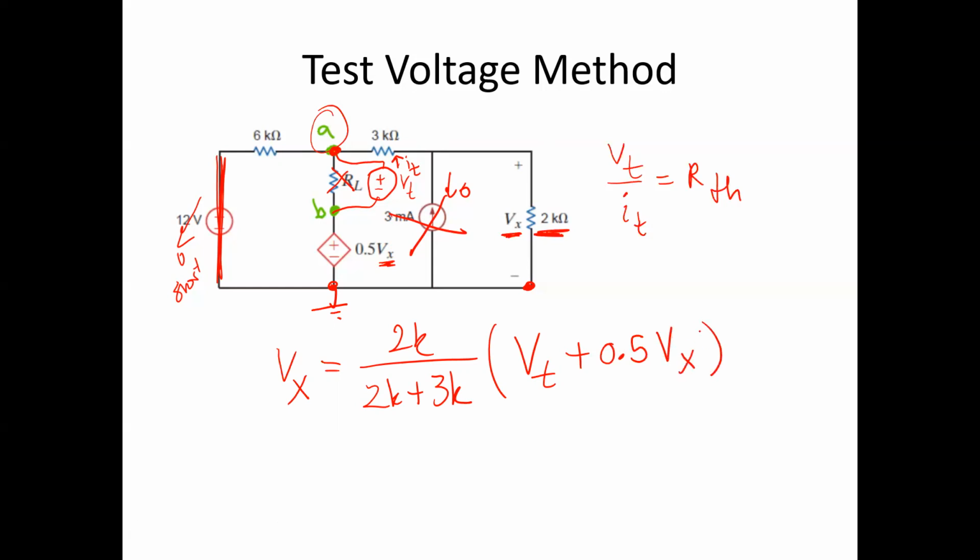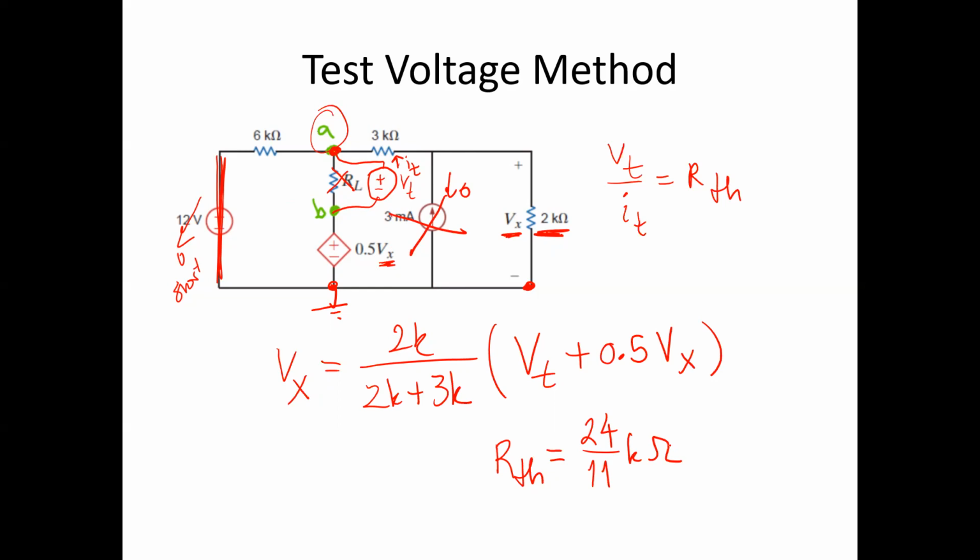Okay, and once you've done that, then you can just apply a KCL or node voltage method and use this expression for Vx to algebraically reduce the problem. And if you go through and do the math correctly with the algebra, you should find that our Thevenin resistance equals 24 divided by 11 K ohms.